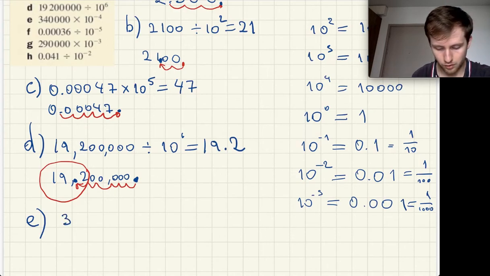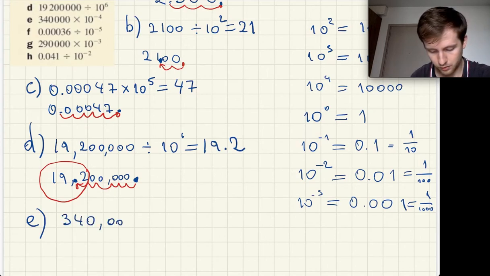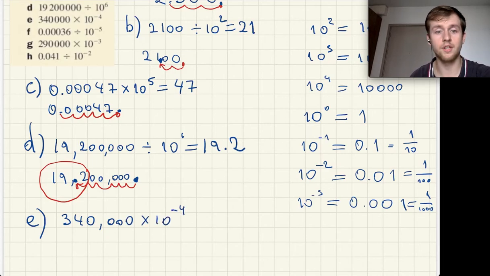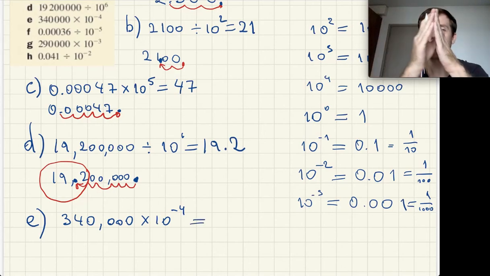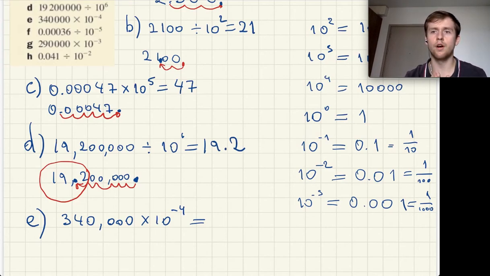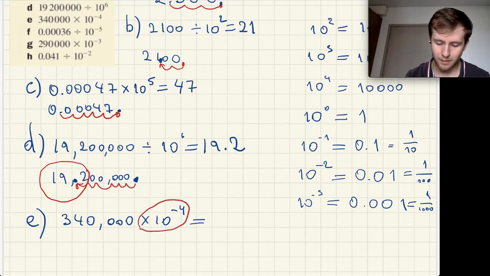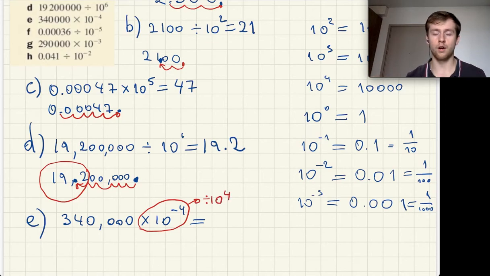So we have 340,000 times 10 to the power of -4, and that's equal to, so here times 10 to the power -4 is basically the same thing as dividing by 10 to the power of 4, like this.